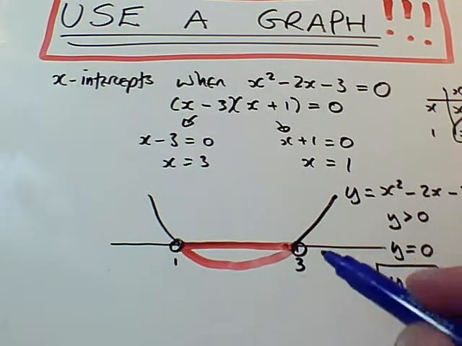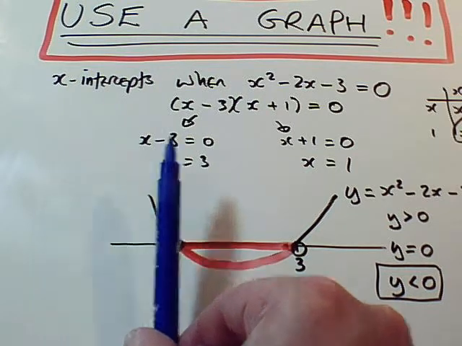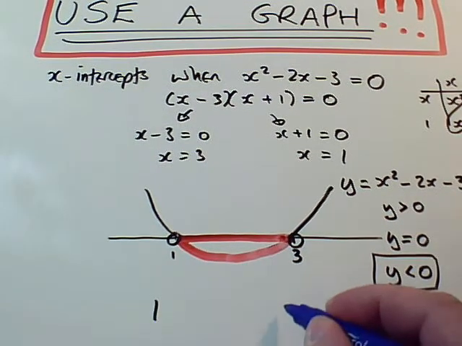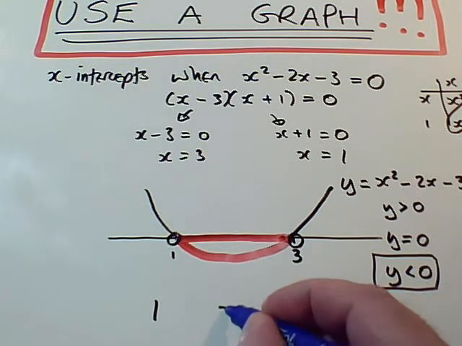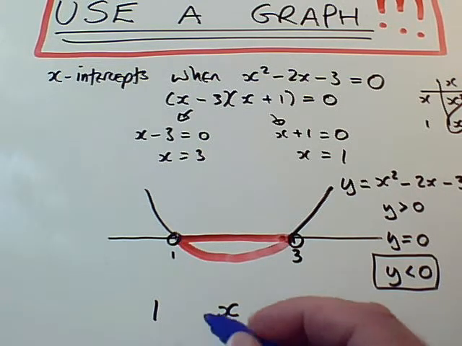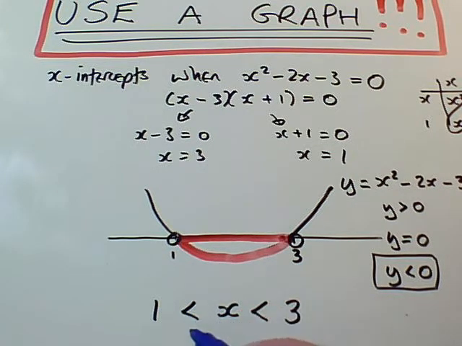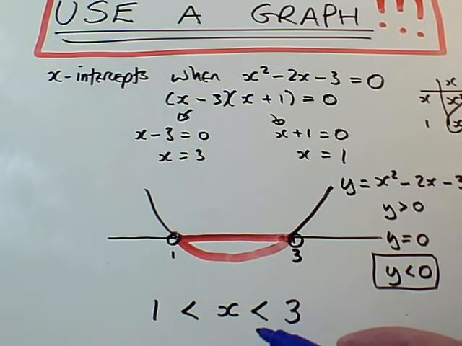So to decode this picture, okay, the x's I'm allowed are the ones in between minus 1 and 3. And the way we write that is x in between minus 1 and 3, and x has got to be less than 3, and minus 1 has got to be less than x. These two signs always point the same way.